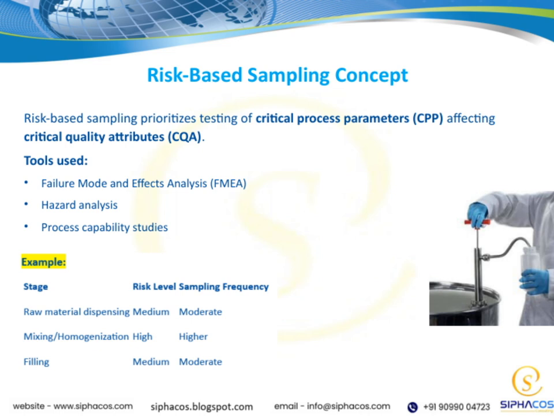They tell us how well our process is performing relative to specifications, helping us determine where to focus our testing efforts. All of these tools come together to form a strategic, risk-based approach that ensures we're testing the most impactful parameters, ultimately leading to a more robust and reliable process. This approach ties into our overall goal of maintaining high-quality standards while optimizing resources.